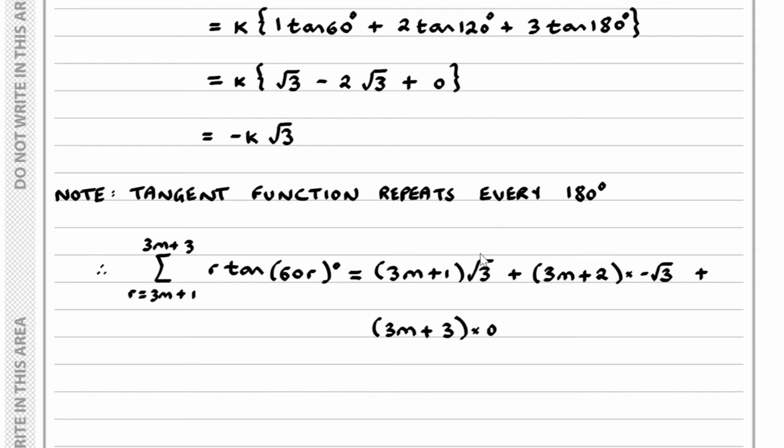So let's just make a note over here. This is the 60 degrees plus the 180. Well, if we're more specific, this over here is the same as the tangent of 60 plus the 180.